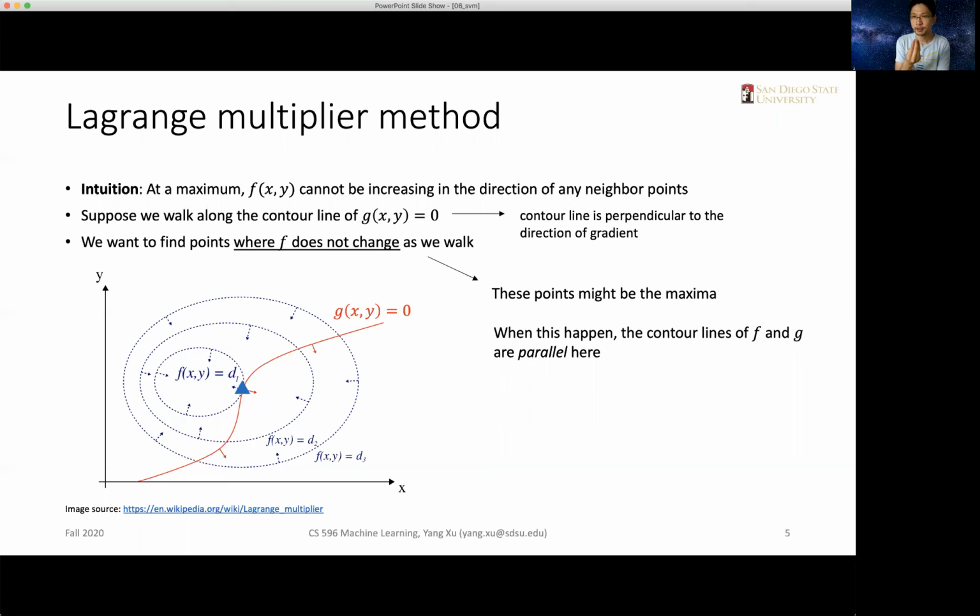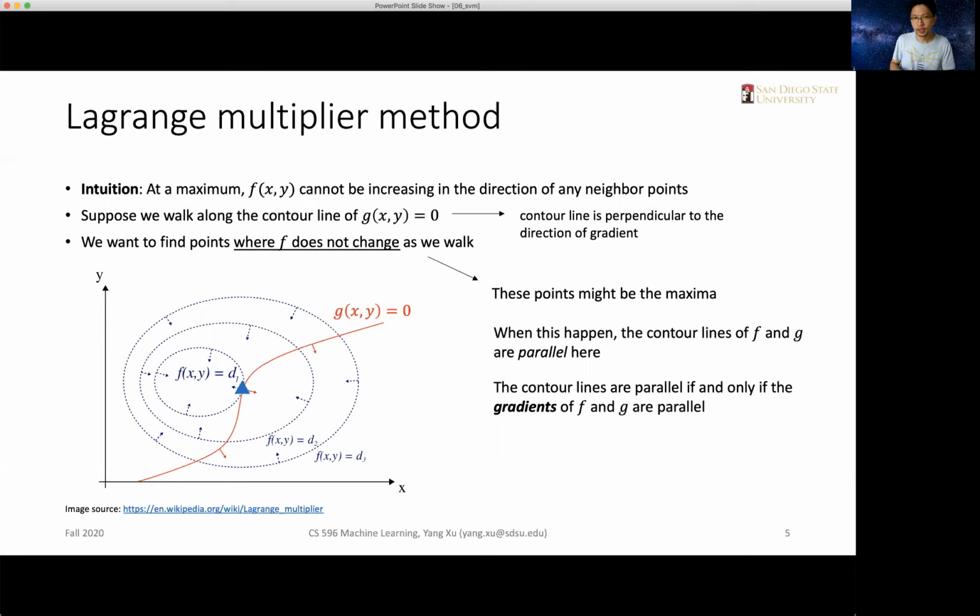We don't know whether it is a minimum or a maximum, because it could be a valley or a peak when the values of the function don't change. We can use the relationship between the gradients to find the point where the contour lines are parallel. Because the gradients are perpendicular to the contours, if the contours are parallel, then the gradients are also parallel.